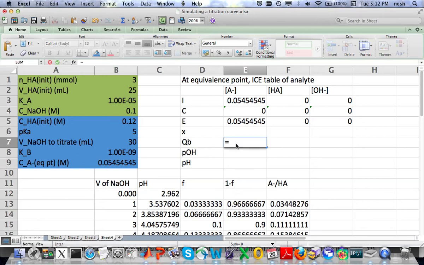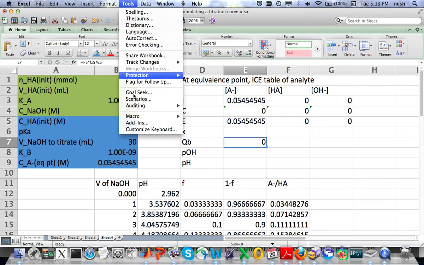I think I should say QB is going to be equal to the products of the base association, that would be the HA times the OH minus divided by the A minus. All right, so that's QB, and of course I get 0 for that. Now I'm ready for a goal seek because I want that QB to be equal to the equilibrium constant, 1 times 10 to the minus 9, if you want to give that a shot.